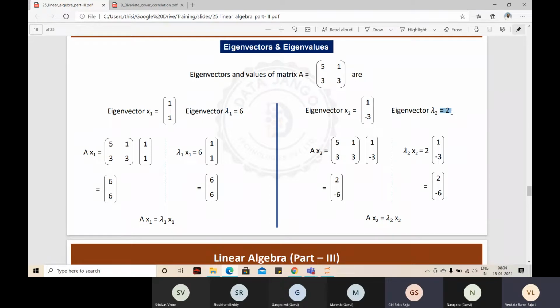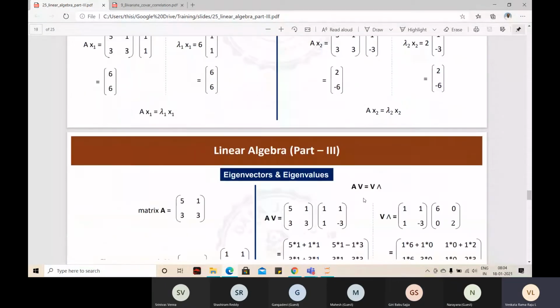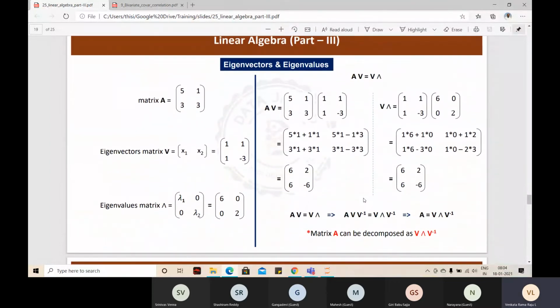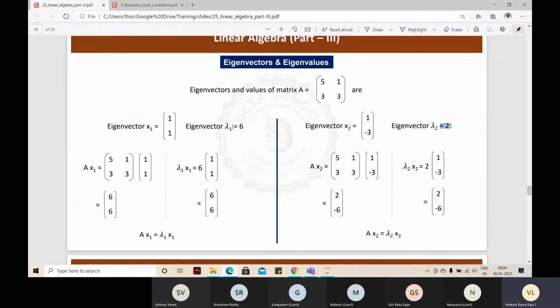One question, sir. Vectors x1 and x2, they are something different than matrix A. Basically, we decomposed this matrix into 2 eigenvectors and 2 eigenvalues. So how do you know that this 1, 1 is the eigenvector and 1, minus 3 is the eigenvector? We'll see that.